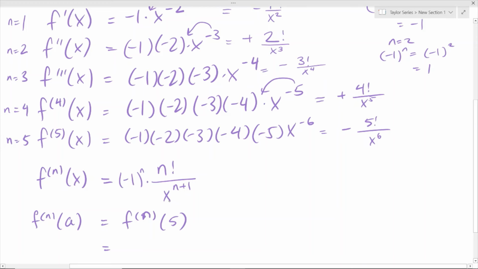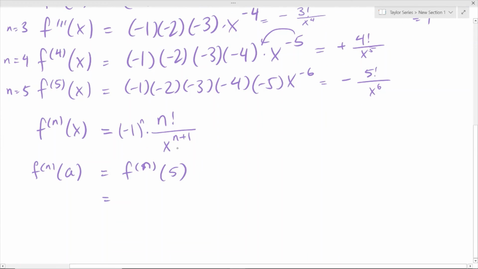So plugging that in to our x, we will get 5 to the exponent of n plus 1 like this. And so this is our f with the nth derivative evaluated at a, okay?